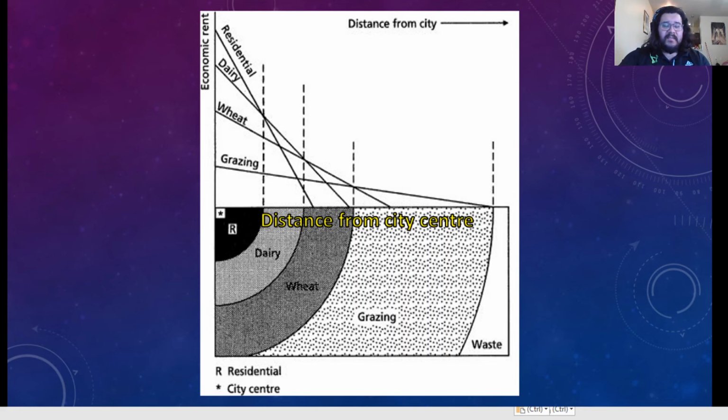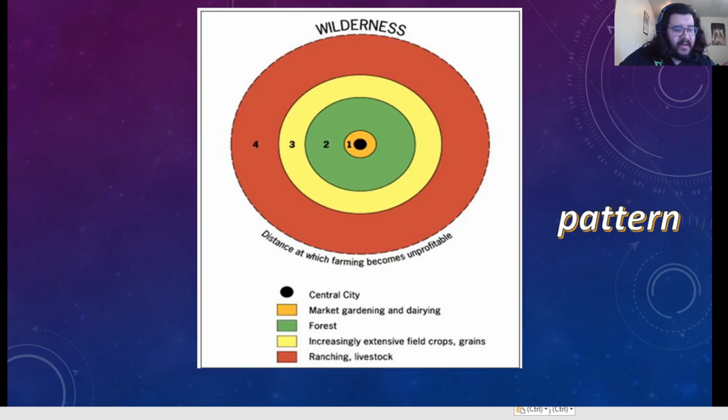Now, other considerations for von Thunen, at least, because again, this is 18th century stuff, is looking at perishability of products. So for the most part, with extensive grains and extensive ranching, we don't have to worry too much about perishability. For the grains, things like wheat have a long shelf life; they don't spoil very easily or very quickly.